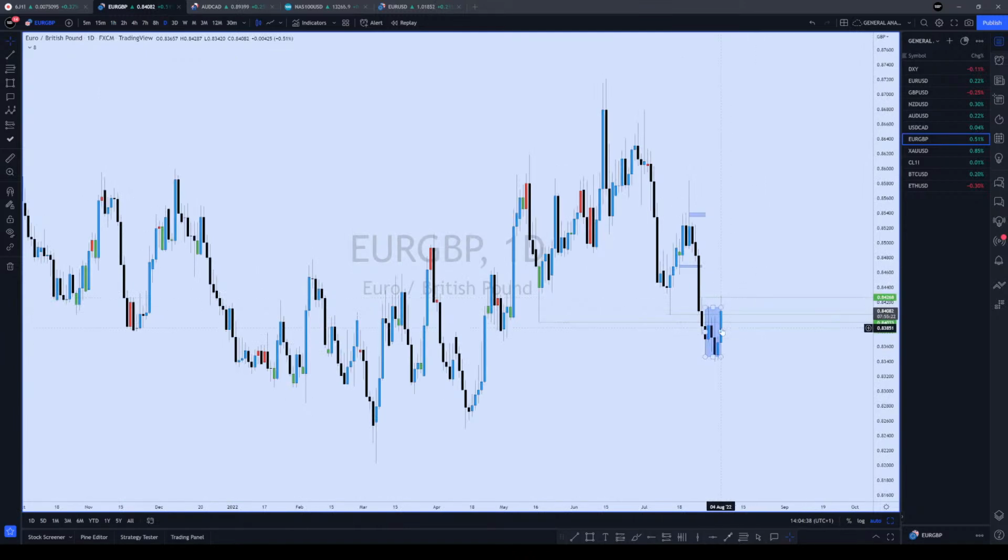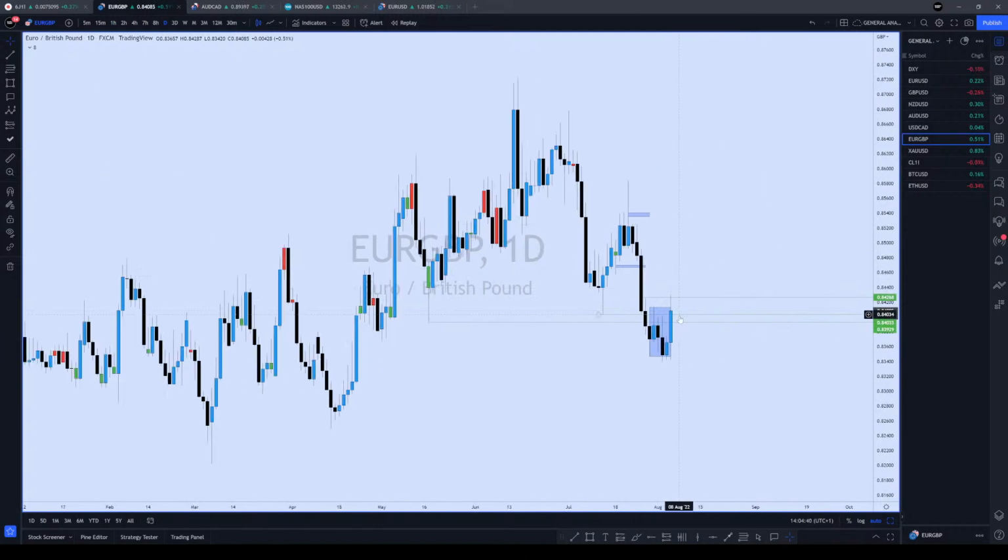If they do close like this, I'll be looking for continuation to the upside. Okay, so let's see how they're going to close on this pair, and then based on how we close, we will look for a continuation to the upside. Okay.